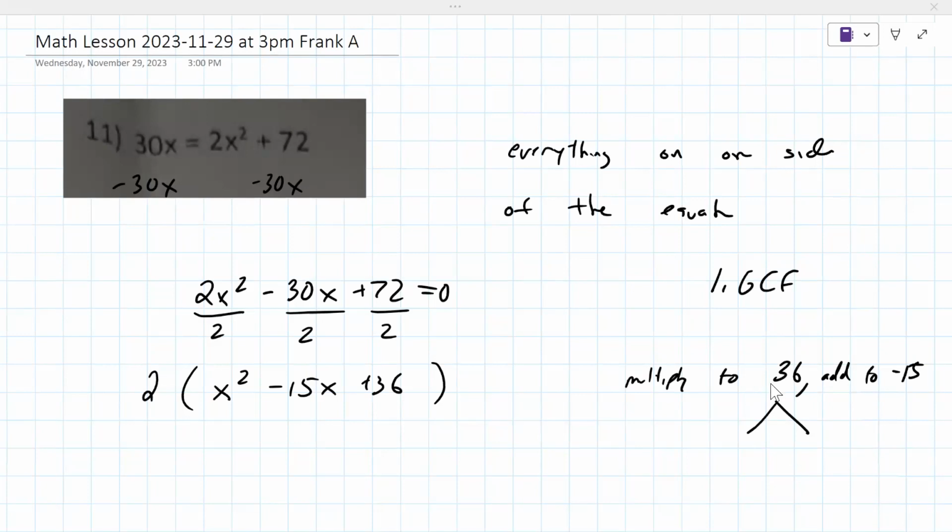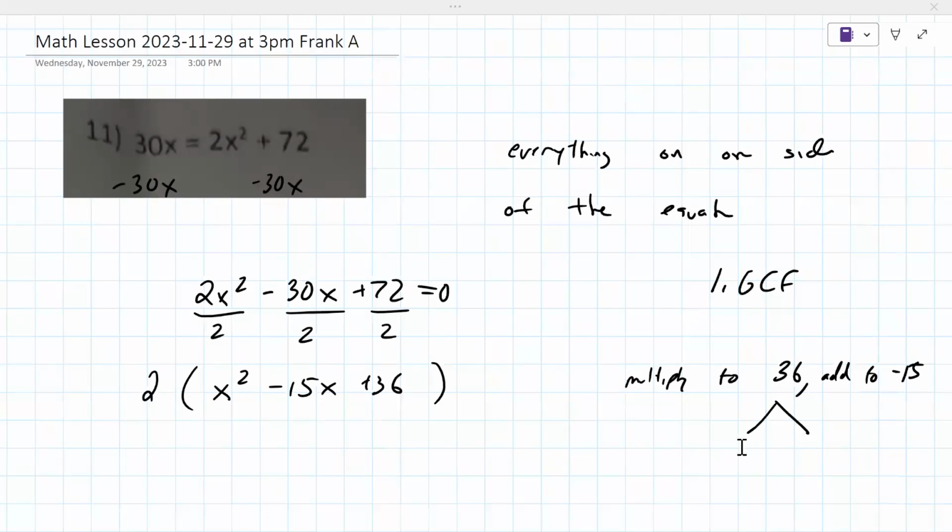Can you think of two numbers that multiply to 36? Well, 12 and 3.